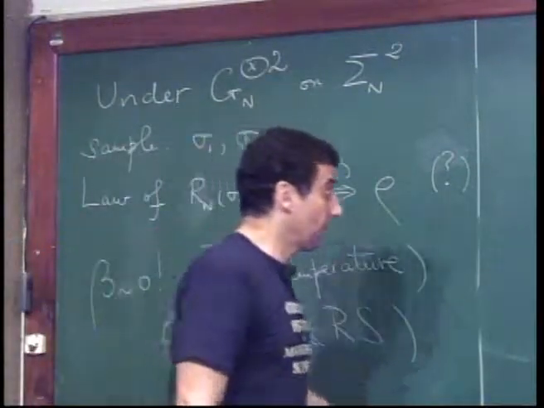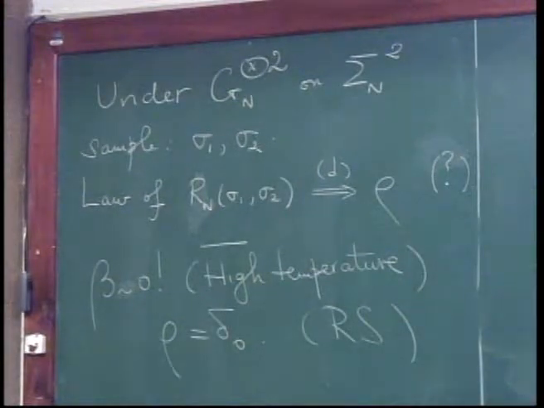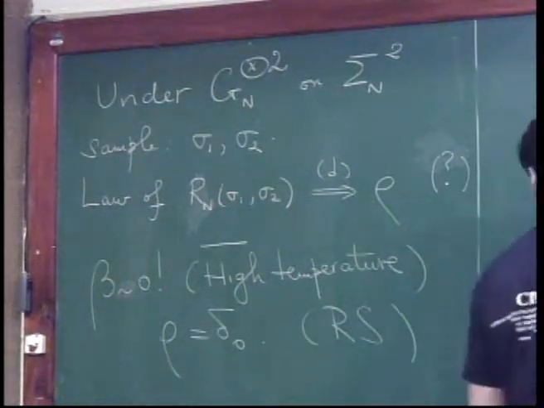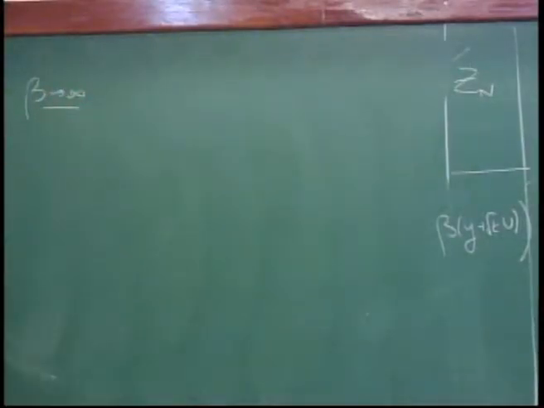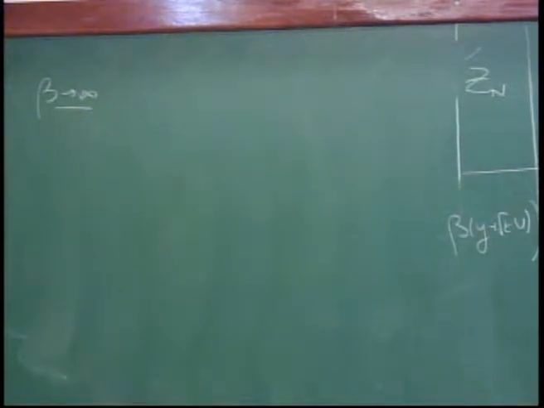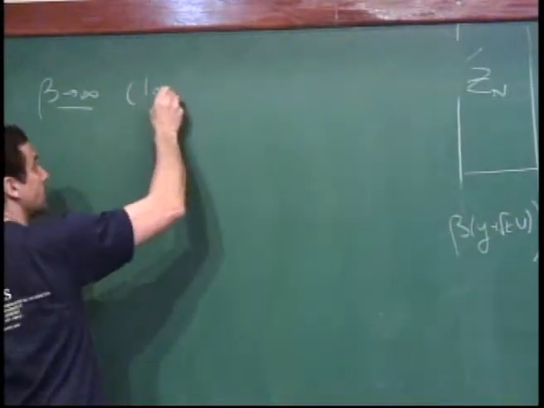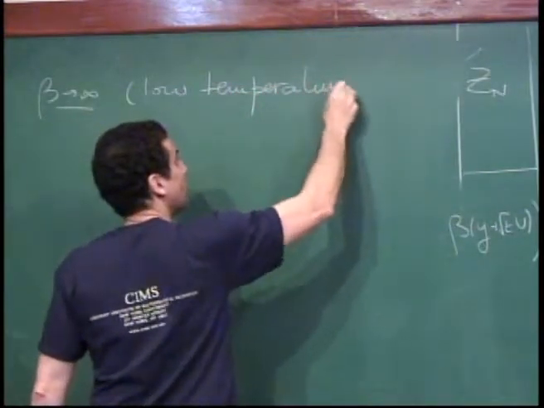But now, let's go on the contrary to the region where beta is very large. So now you have a very large beta, very low temperature. Then what do you think could happen?